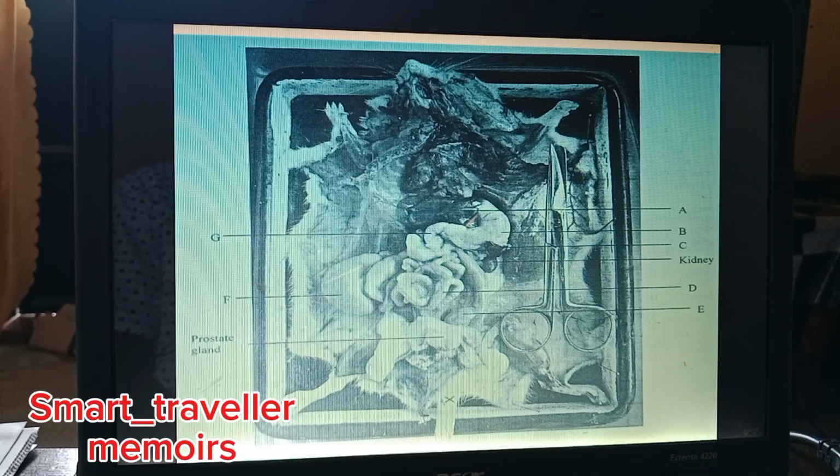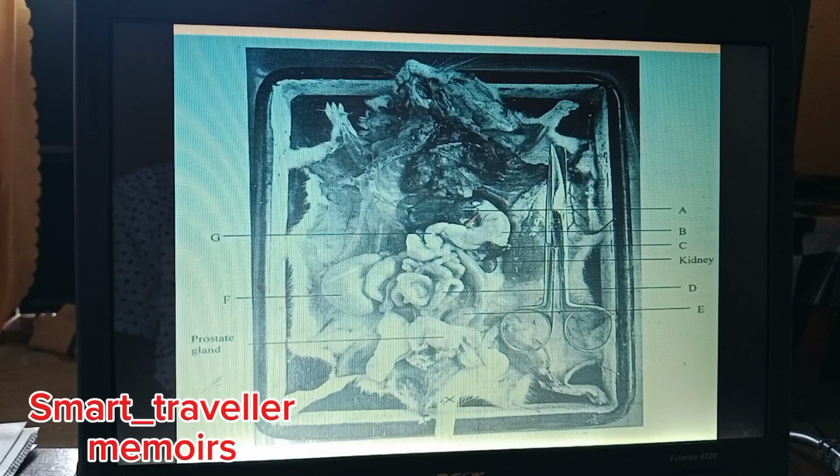You can see in the photograph the parts G, F, prostate gland, A, B, C, kidney, D, E, and a pair of scissors.